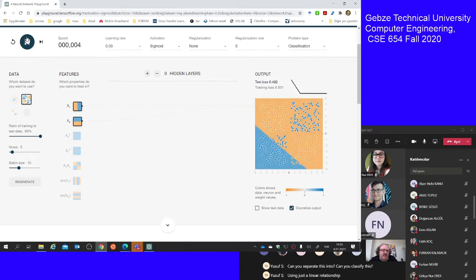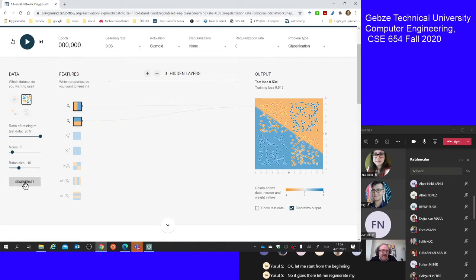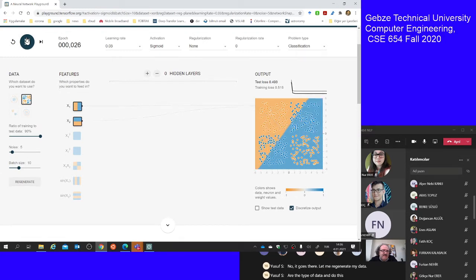Let me try to do that. Okay, it is trying to do something. Let me start from the beginning. No, it goes there. Let me regenerate my data, another type of data, and do this. Whatever I do, I can only divide this space into two using a line.